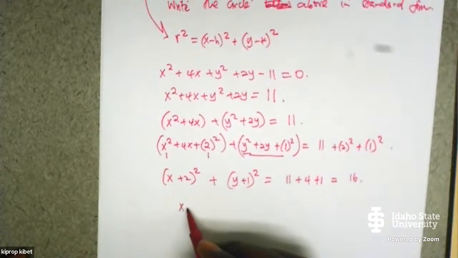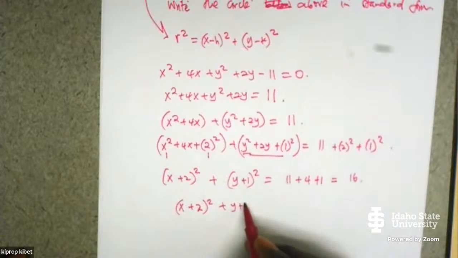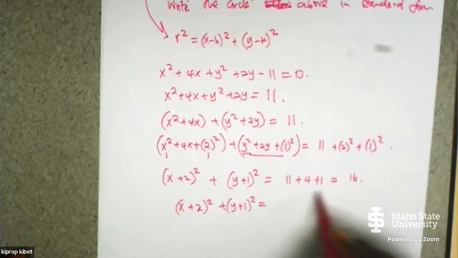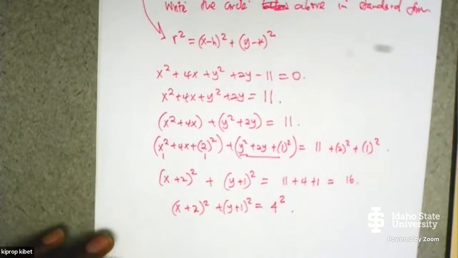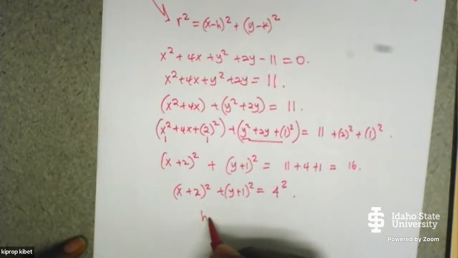So therefore it is x plus 2 square plus y plus 1 square equals 4 square.